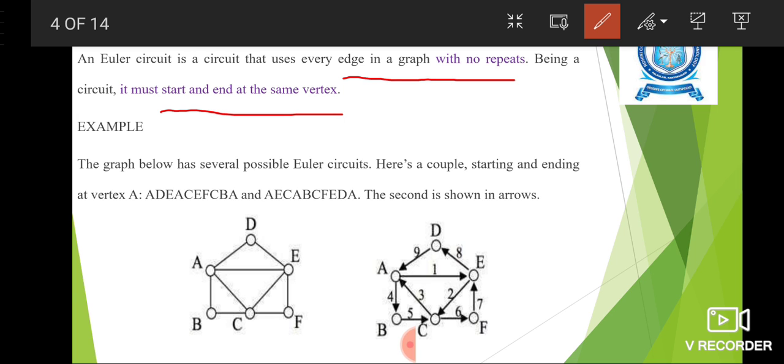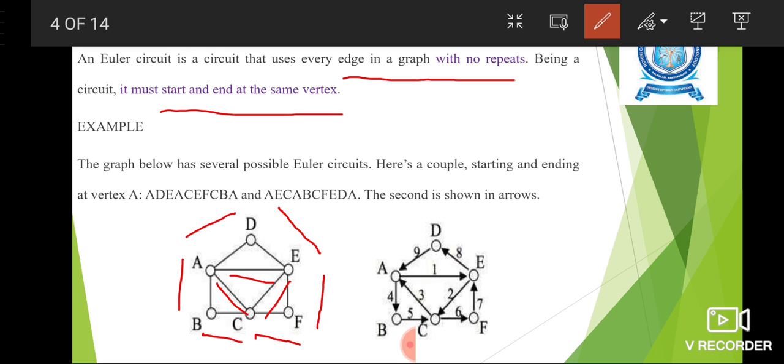That is, the ending vertex is also A. So see the path A, D, E, A, then A, C, E, F, C, B, then A. So this is one example of Euler circuit.